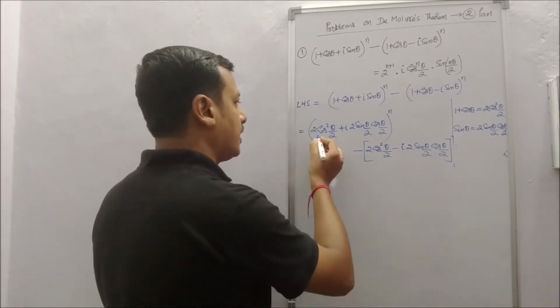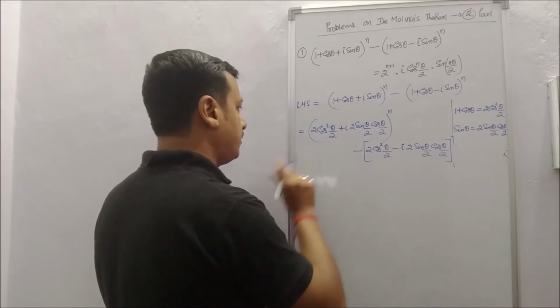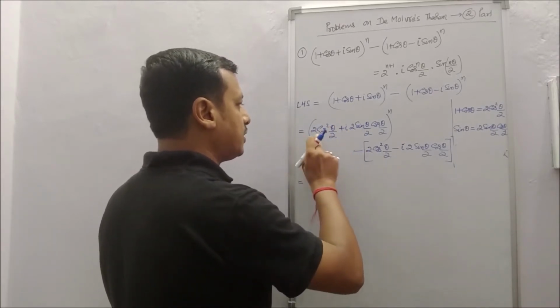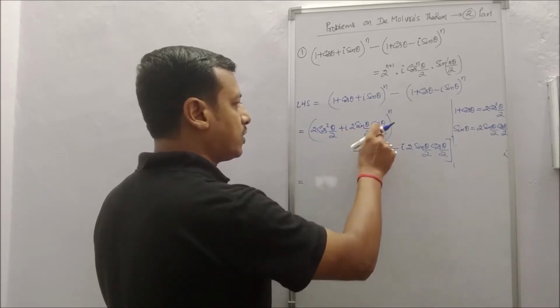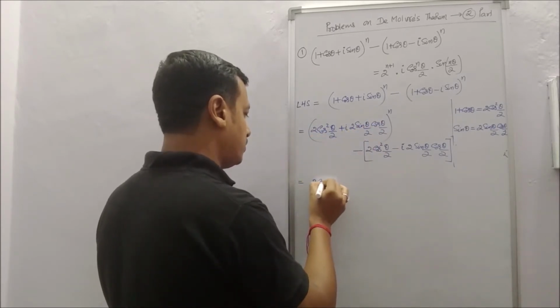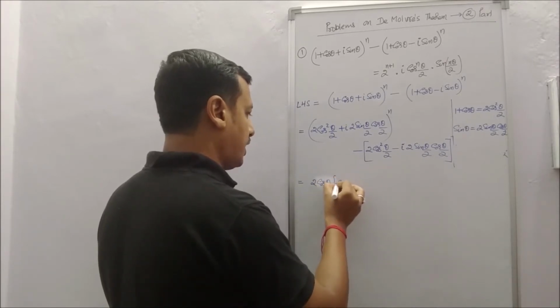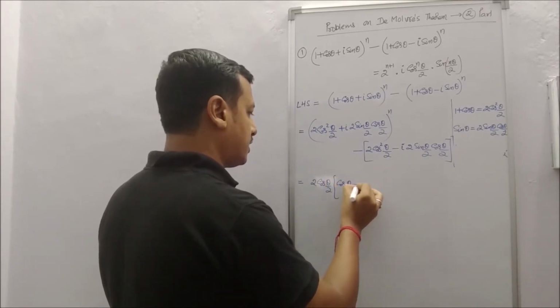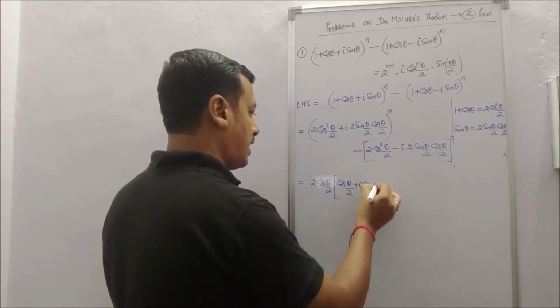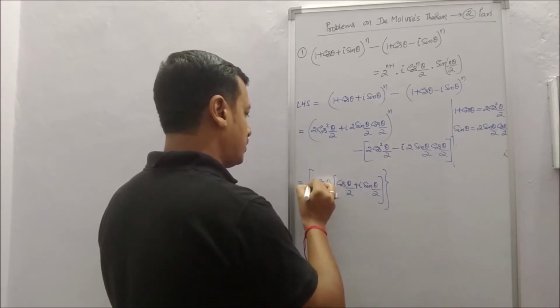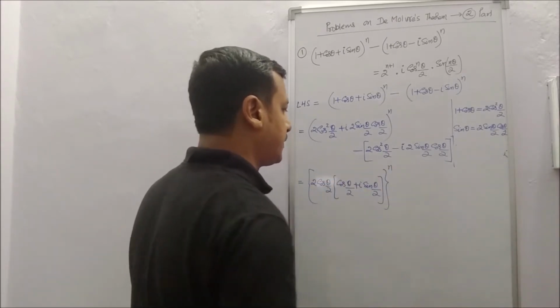Now in the two terms, the common term is 2 cos(θ/2). So common 2 cos(θ/2), the remaining terms are cos(θ/2) + i sin(θ/2) to the power n.